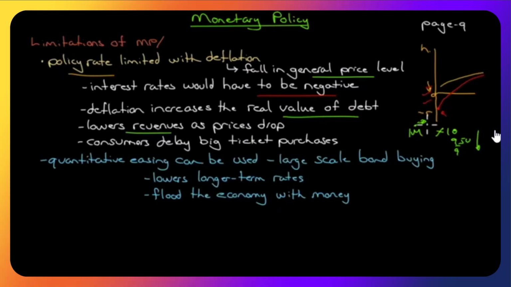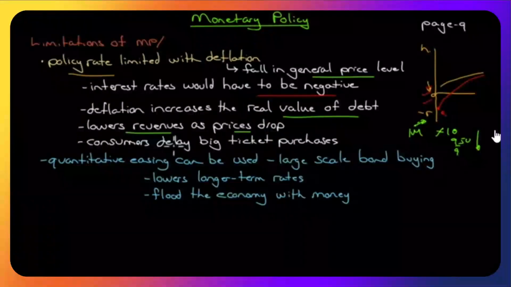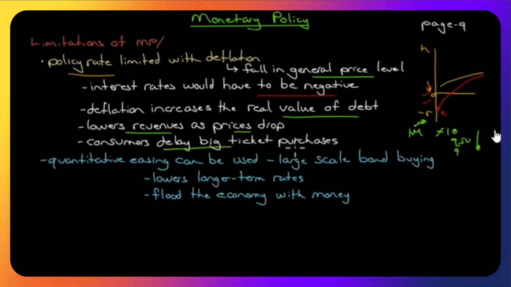Makes corporate lending riskier, right? Lower revenues as prices drop, lower aggregate incomes in the economy as prices drop. Plus, consumers tend to delay big ticket purchases. Now, central banks know something about consumers. For big ticket purchases, they don't always manage the price, they manage the monthly payment.